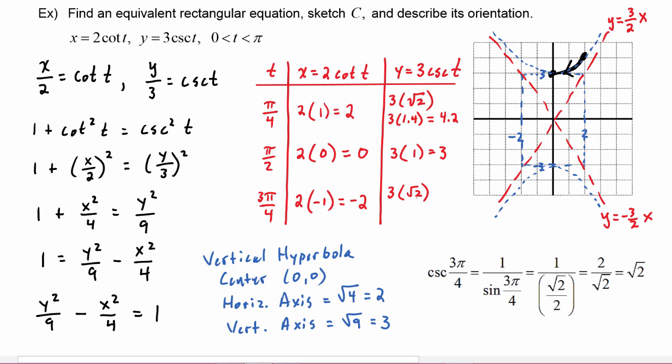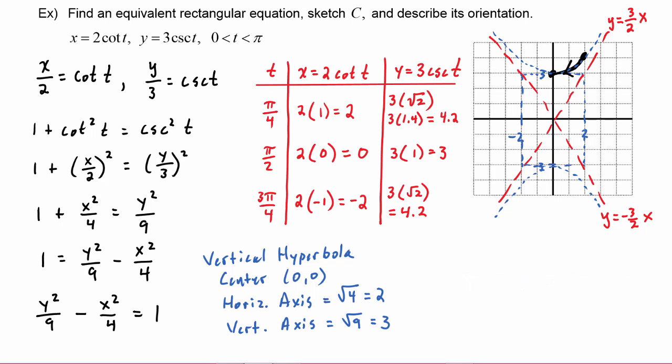We already know what this calculation is. We did it a few minutes ago, so we know that that's going to be 4.2. So stepping over to our graph, we would plot the point (negative 2, 4.2), which is here. See, the graph is traveling this way.